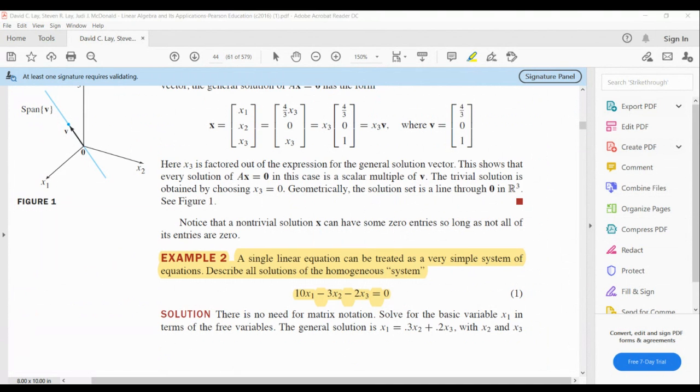Okay, so here, example 2, section 1.5. They say a single linear equation can be treated as a very simple system of equations. Describe all solutions of the homogeneous system. So here's a homogeneous system. The right-hand side equals 0. There's no need for a matrix solution.